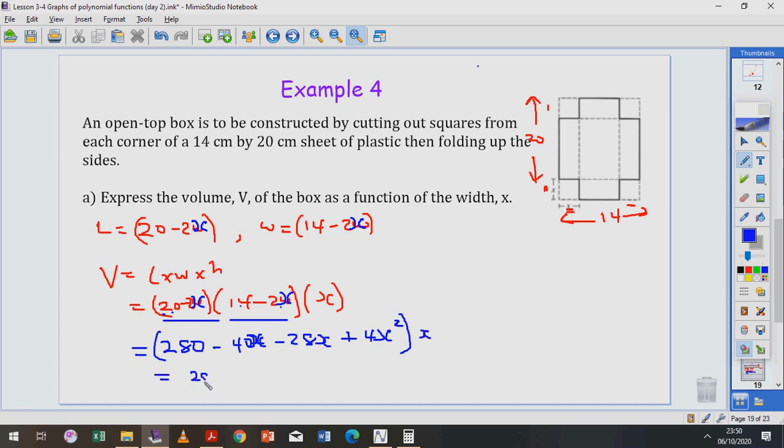So I'll have 280x minus 40 minus negative 40 minus 28 is negative 68 times x is negative 68x squared, and plus 4x squared times x is 4x cubed. So this is the expression for the volume of the box as a function of the width, which is x.